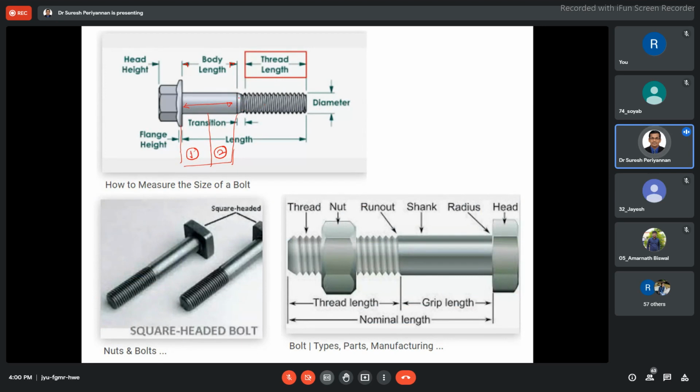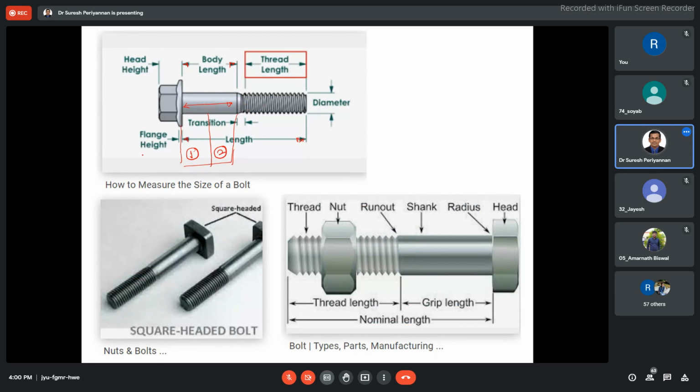Slowly we have to reduce it, to avoid sharp corners at the end of the bolt. That is called the transition length. This may be 1 mm or 2 mm, depending on the size of the nut. This is the total length of the bolt.